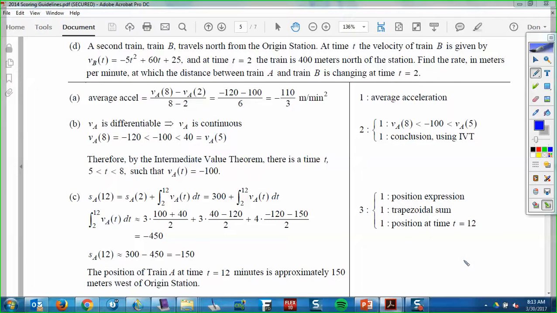So here's the station. This train is going east, okay? And then this train is going north at this velocity. At time 2, it is 400 meters north of the station. Find the rate at which the distance between trains A and B is changing.